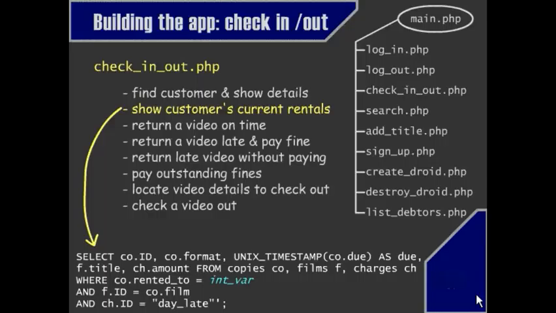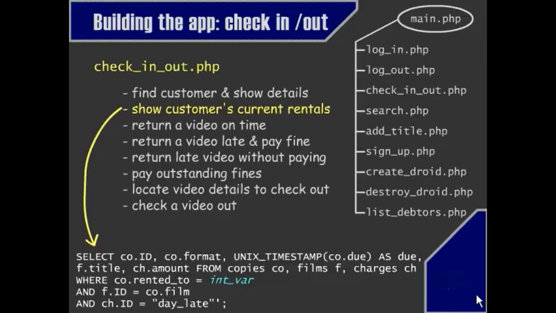We found that in the first query, and what we're able to do is to pull in the information from the copies table, the films table, and the charges table. And here we're pulling in the ID of the video and also the title of the film.